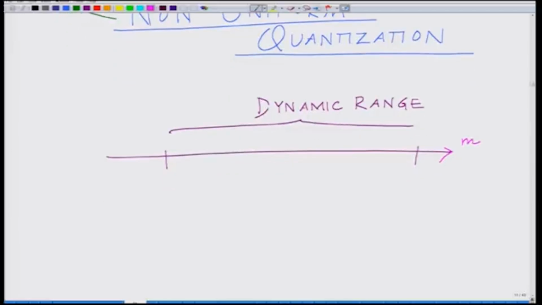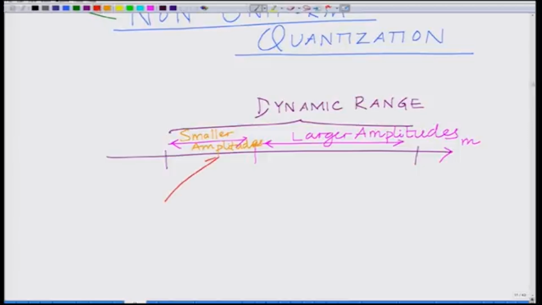Let us call this region the larger amplitudes, and this is the region of smaller amplitudes. Now, in the smaller amplitude region, we need higher accuracy.